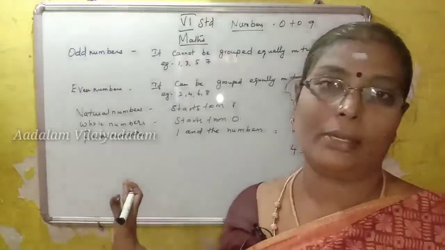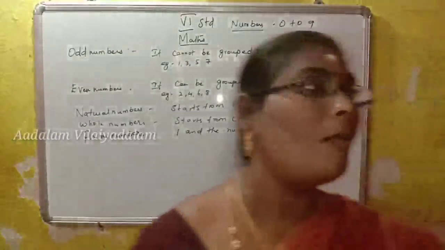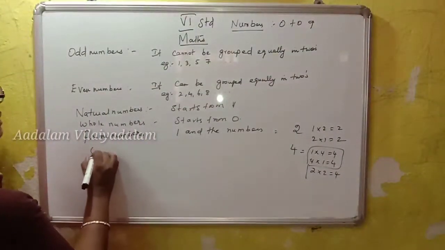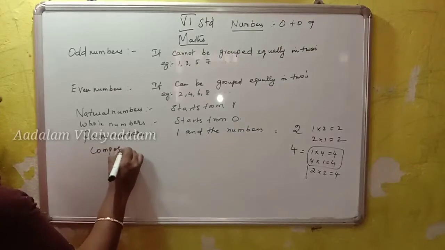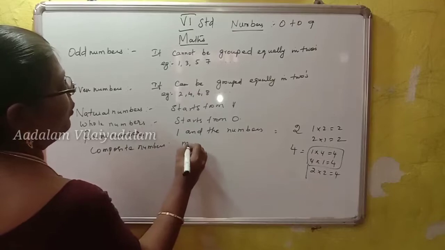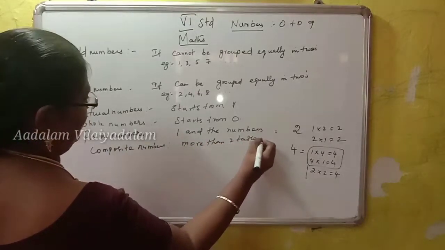Just a recap only: odd numbers, even numbers, natural numbers, whole numbers, prime numbers and composite numbers. Composite numbers come in more than 2 tables.